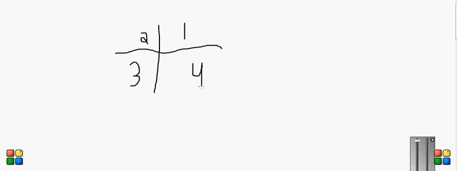A coordinate grid is any two intersecting lines that make 4 quadrants as shown. Questions using the coordinate grid will usually be like one shown here. It will say in parentheses 3, 2.